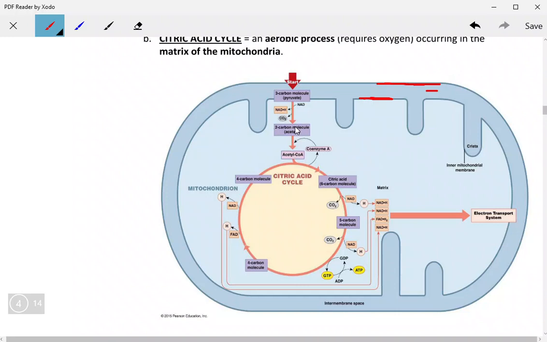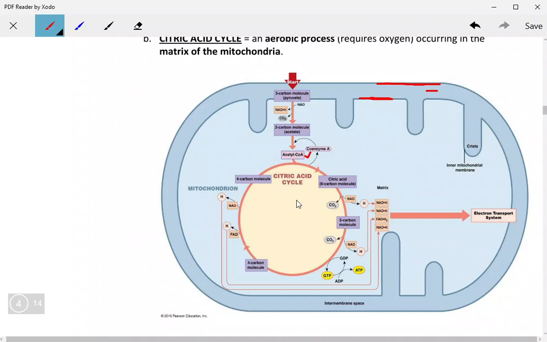So what usually happens here in the matrix is the pyruvate from the cytoplasm, from the glycolysis process, will be shuttled into the mitochondrial matrix. And that pyruvate will be converted into a 2-carbon molecule called acetyl-CoA. And then acetyl-CoA is going to undergo a series of reactions to produce more ATP. Keep that in mind. Are you following?